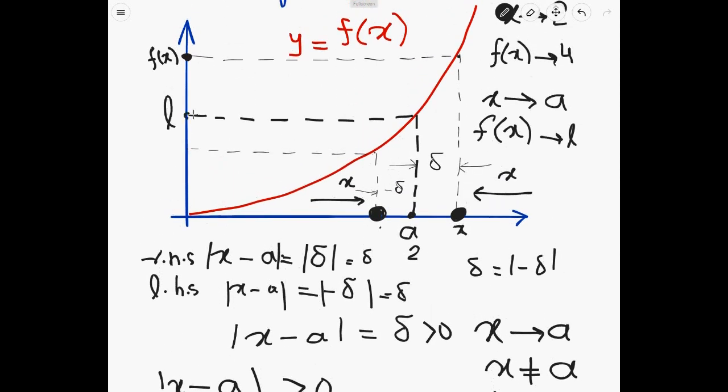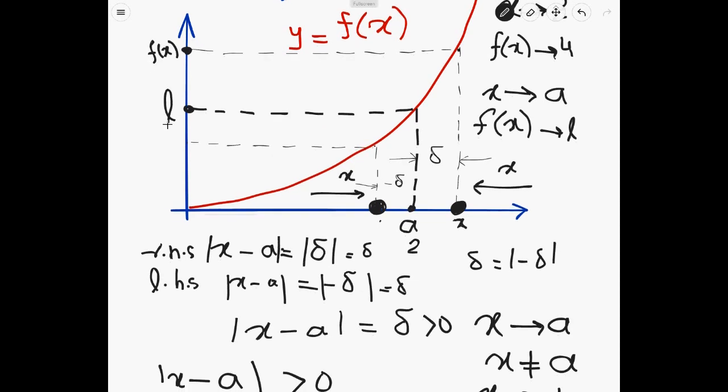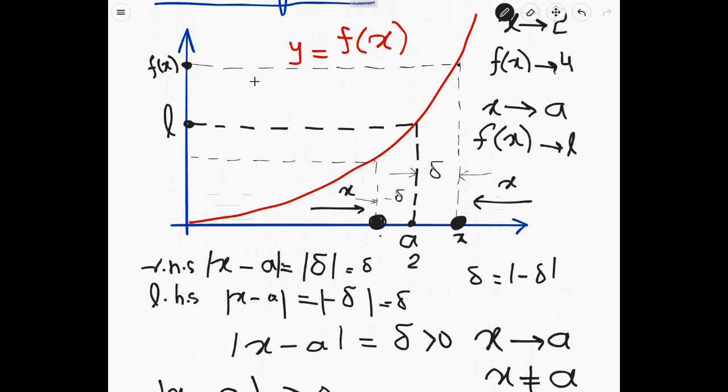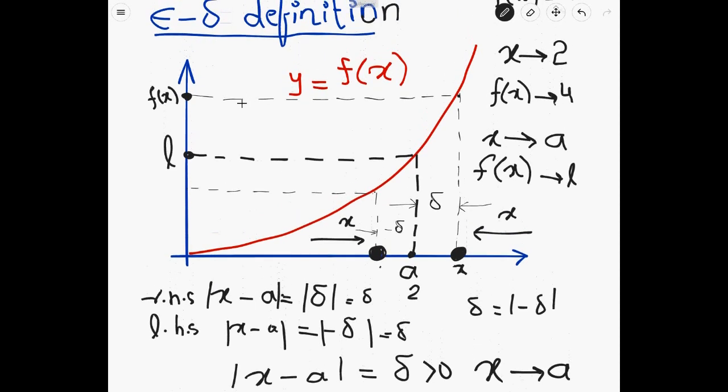The limiting point is down here, and the value of the function at point x is this f of x, and we can clearly see that there is a difference between f of x and L. Let this difference be epsilon.